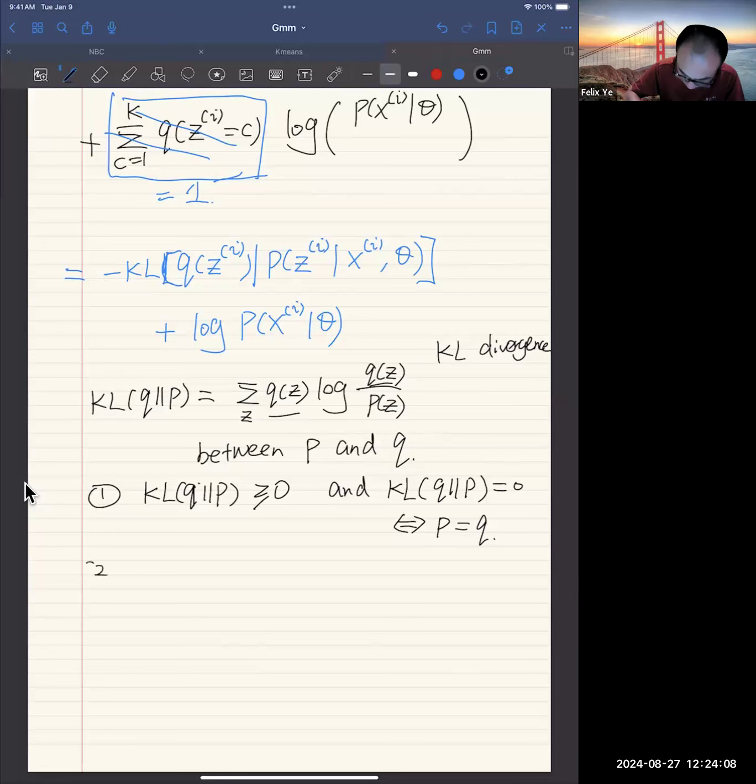The second thing is we can actually maximize the lower bound. We can maximize this evidence lower bound altogether.